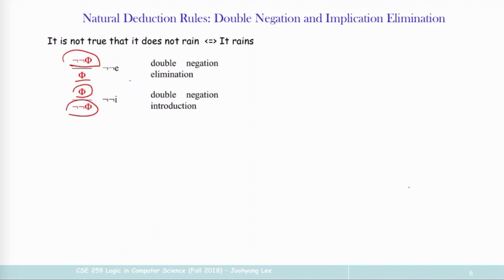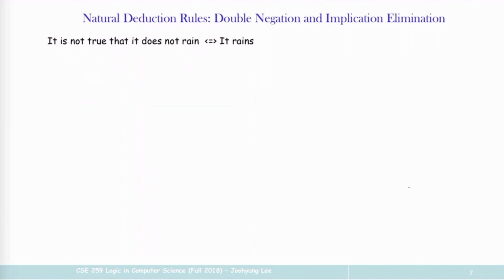Now you may say that the first one seems to make sense, since you want to derive a simpler formula from the complex one. But there are also cases that you will see later, when we apply these rules with other rules, where you want to make the formula more complex for the sake of some intermediate process.